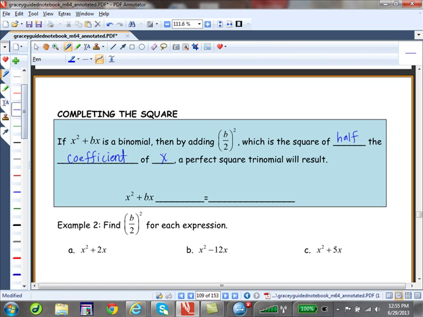So what does that mean? x squared plus bx plus b over 2, the quantity squared, turns out to equal x plus b over 2 squared. It's really pretty cool and useful.